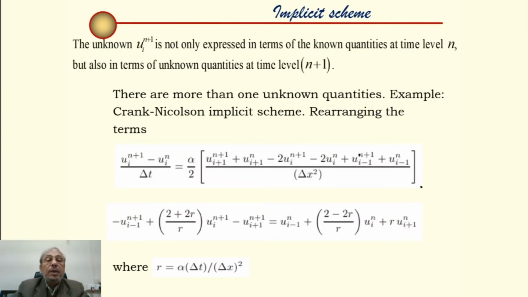Now, u_i^(n+1) is expressed not only in terms of known quantities at n, but also unknown quantities at the time level n plus 1. This can also be written.